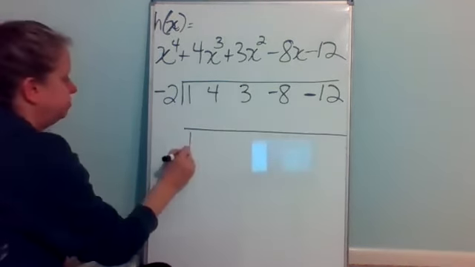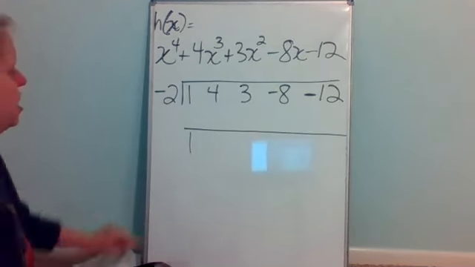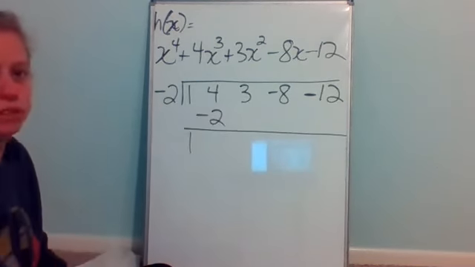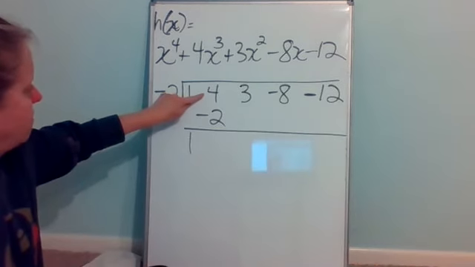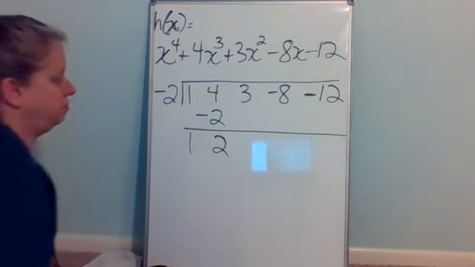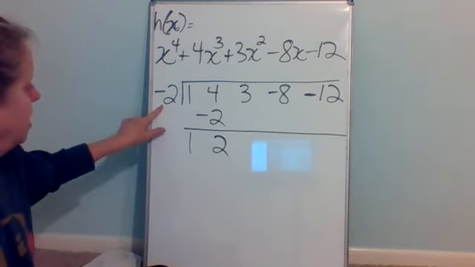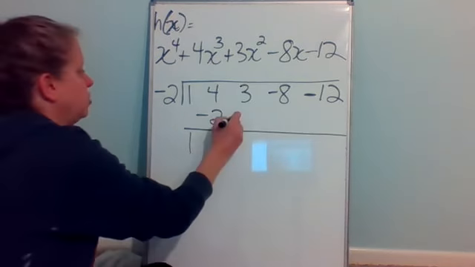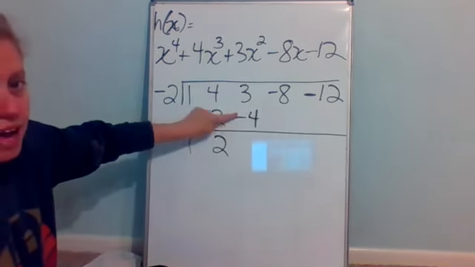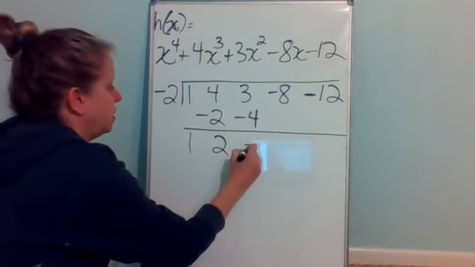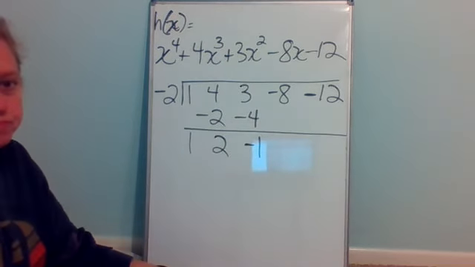Drop down your 1. Negative 2 times 1 gives me negative 2. Add this straight down. 4 and negative 2 gives me 2. Negative 2 times positive 2 is negative 4. Combine these. 3 and negative 4 gives me negative 1.